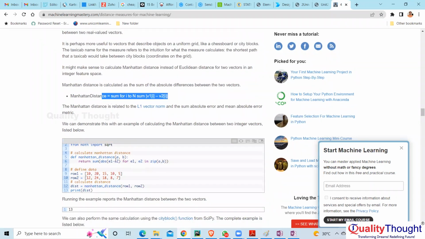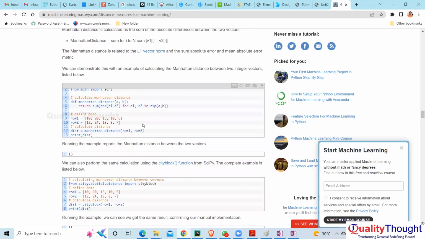Again, you can calculate it using a simple method. This is your sum of absolute values of E1 minus E2. So you are doing a sum and you get this answer. Here you need distance and direction both, right?